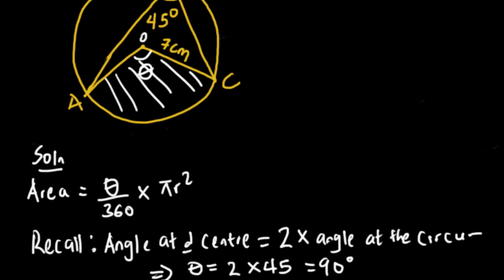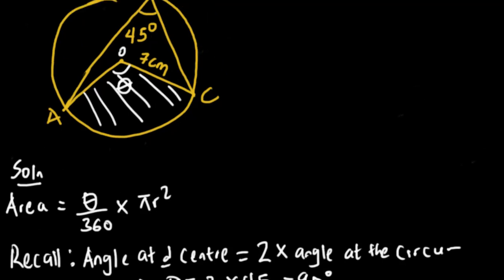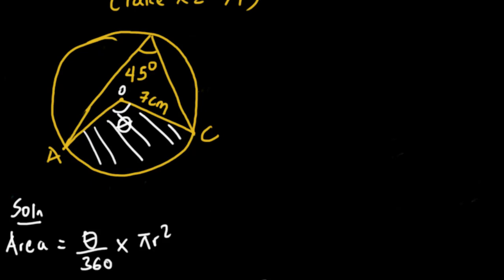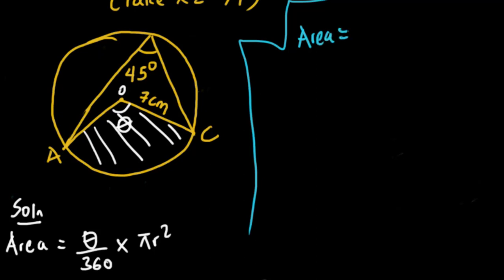Do you understand this? Now, we can find the area of the sector, since we know theta already. Now let's do this. So we have area equals, theta is what? 90 over 360 times pi is 22 over 7 times radius is 7, so we have 7 squared. Do you understand this? 0 cancels 0.